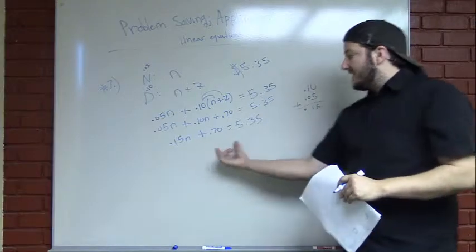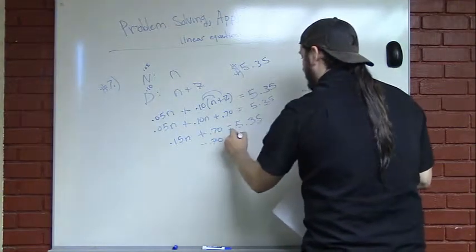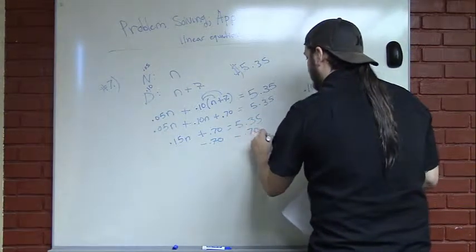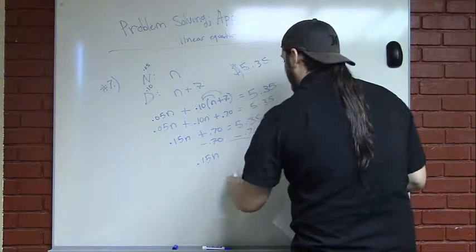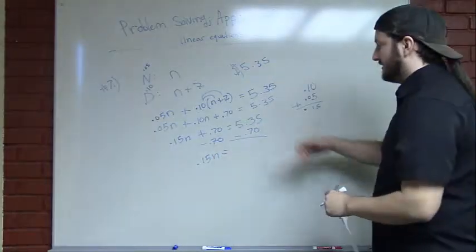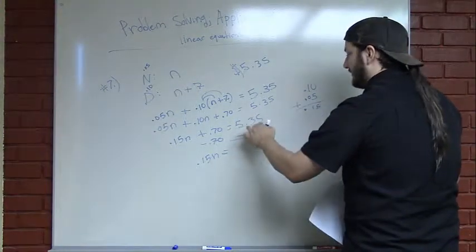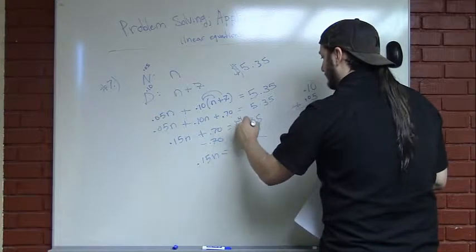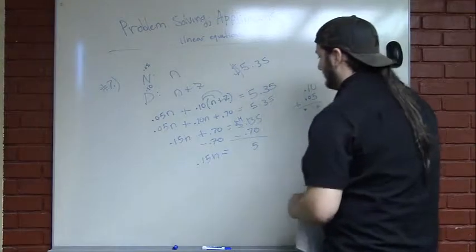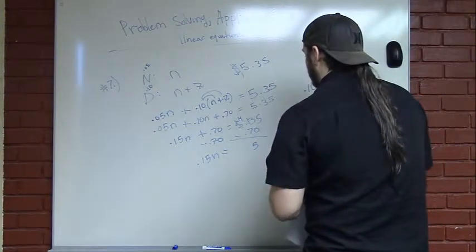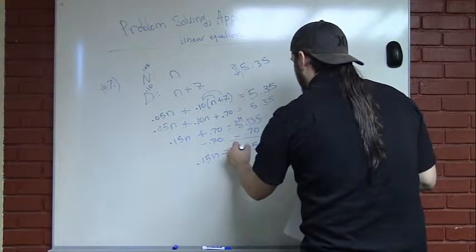Now we're going to have to subtract 0.70 over. Subtract 0.70, and we have 0.15 N equals, so you're going to subtract this, 5 minus 0 is 5, you're going to have to borrow for this one, so it becomes a 4, that becomes a 13, 13 minus 7 is 6, it's 4.6, bring down the decimal, okay?